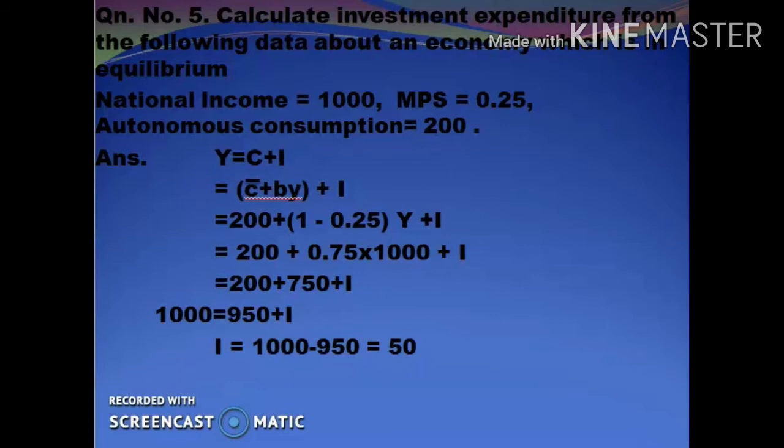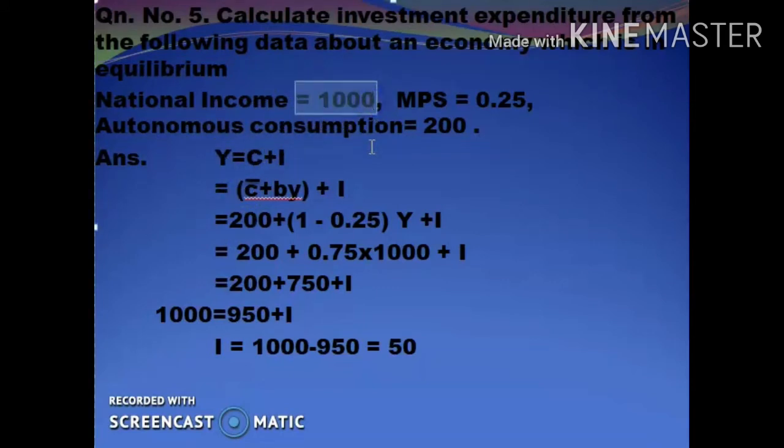You have to put it like that only. Then plus I. Then 200 plus 0.75, which is the value of 1 minus 0.25, into 1000, the national income, plus I. So equal to 200 plus 750 plus I. You have to add 200 plus 750, then substitute the value of Y which is given here.